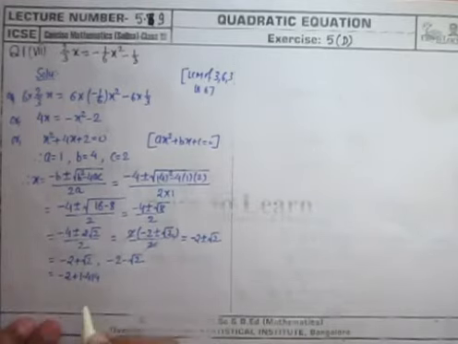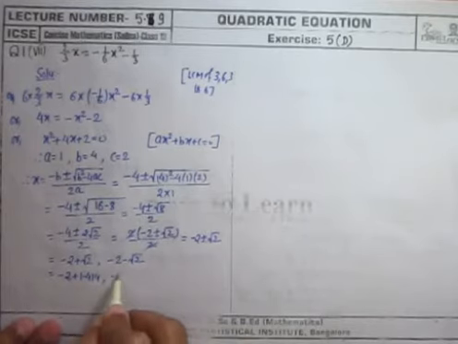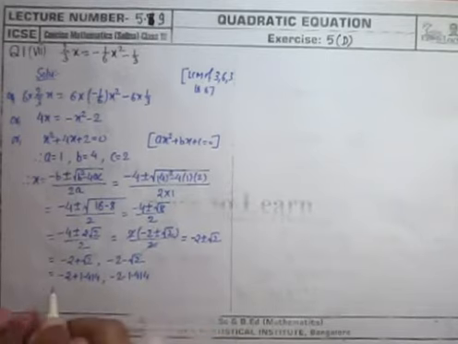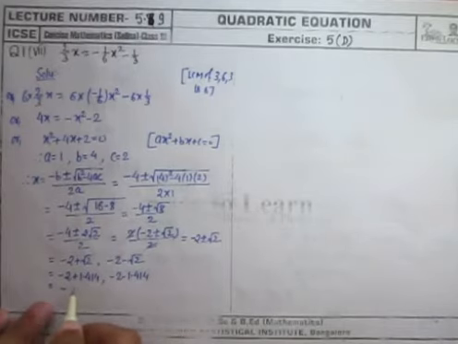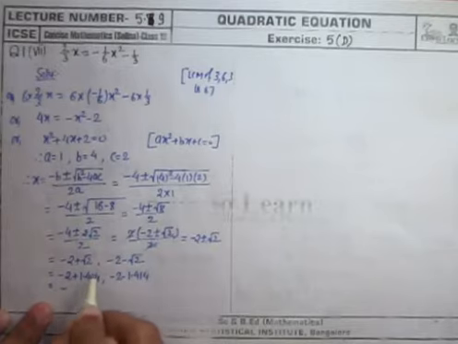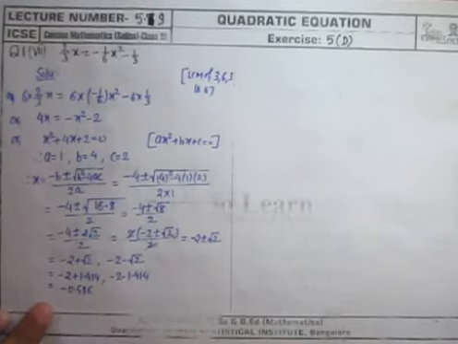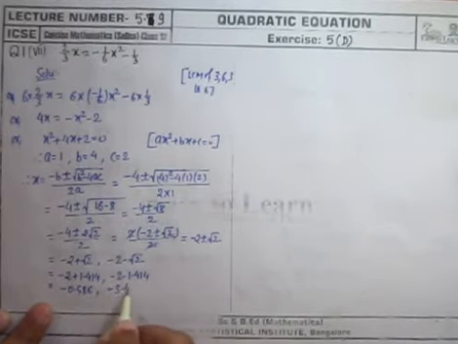Now here minus 2 minus 1.414. So after simplification here you will get minus 0.586 and here it will be minus 3.414.